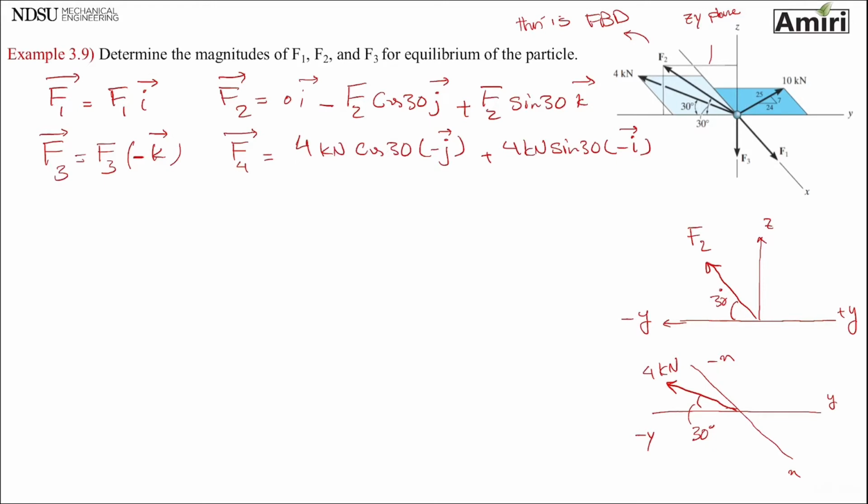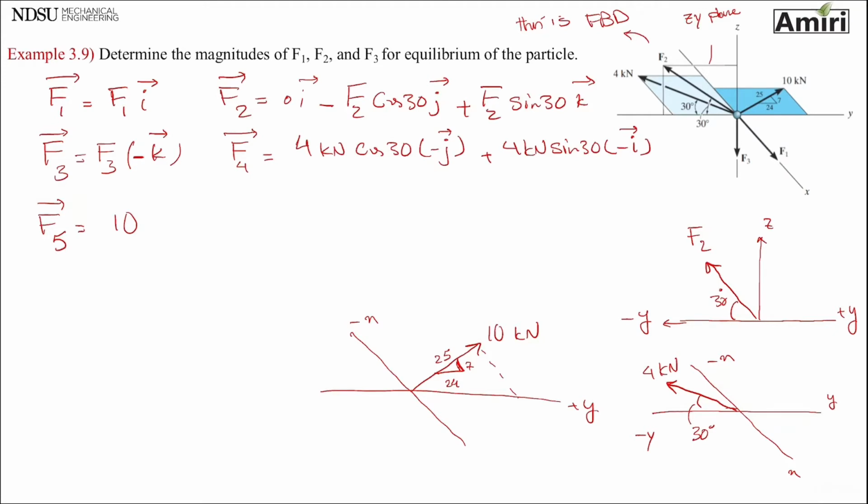That is my force 4. And then I have another one which we can call F5. It's like this, and that is only in the minus X and plus Y plane. It's in the XY plane. This one has a slope triangle of 24, 7, 25. It has magnitude of 10 kilonewtons. So F5 is 10 kilonewtons, and it doesn't matter if you write X or Y first, as long as you put the i and j in the right place.